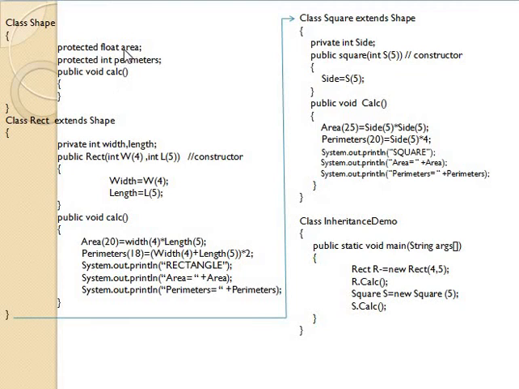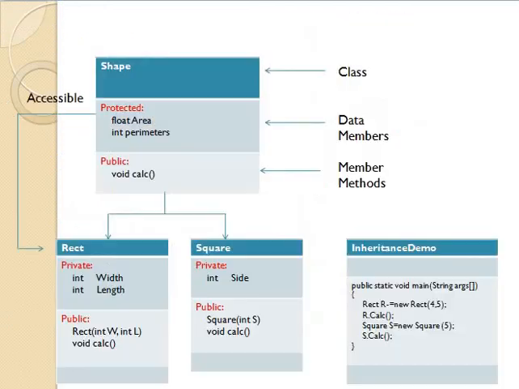Now remember one thing, that these data members area and perimeter were declared of type protected as the access specifier inside this class Shape. That's why these data members come under the protected access specifier for this class Shape, and this is represented here in this format.